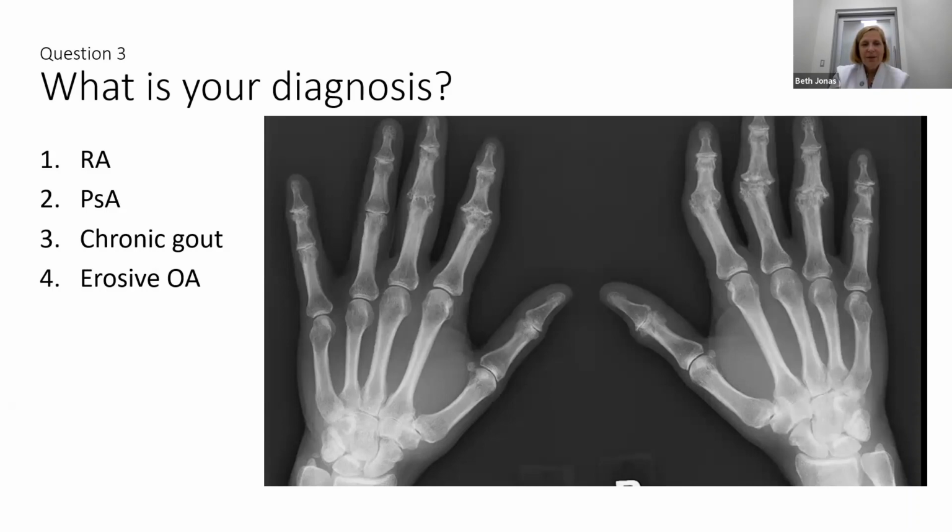Okay, so we've got a bunch of answers. 50% of you said psoriatic arthritis, 25% of you said chronic gout, and 25% of you said erosive osteoarthritis. So I think you can narrow this down to either psoriatic disease or erosive OA.